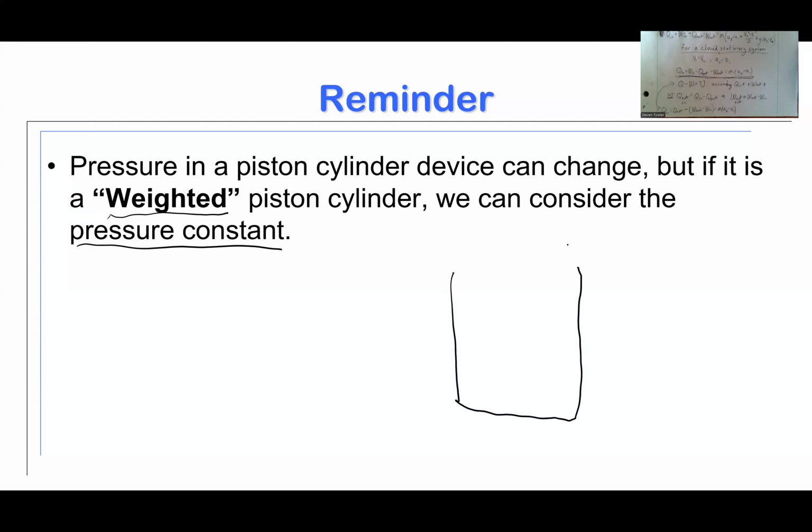a generic way we would draw it is just we would draw this cross section of a cylinder, and then we'll draw basically a lid to go on top of that. We might draw some kind of a little stem coming out of that. I've got an actual graphic of one later that's moving up and down. But the idea is that this lid can move up and down.